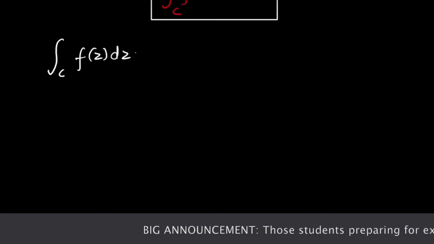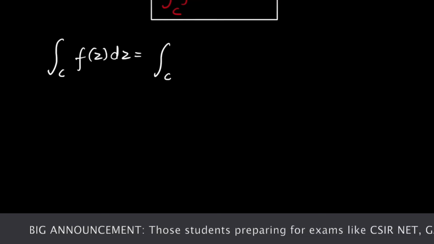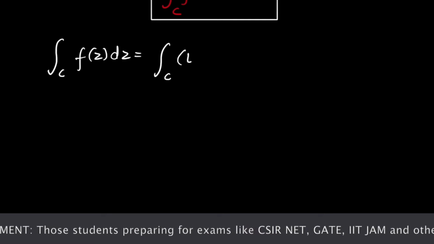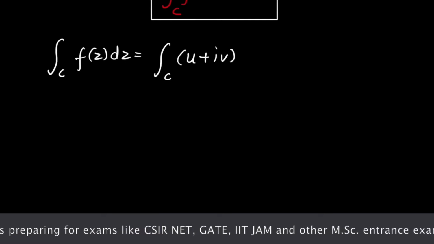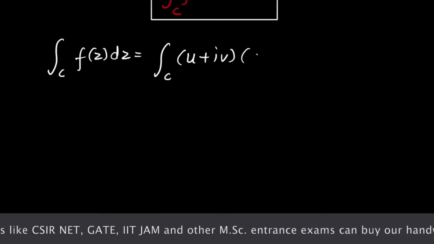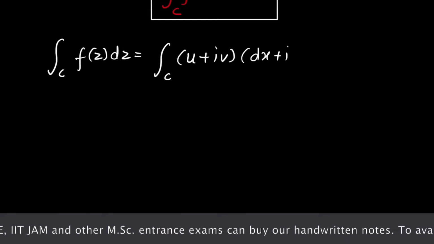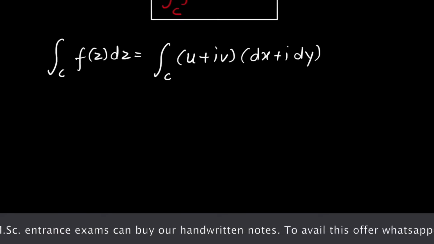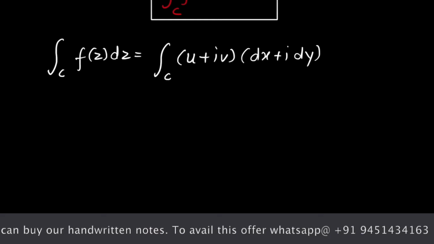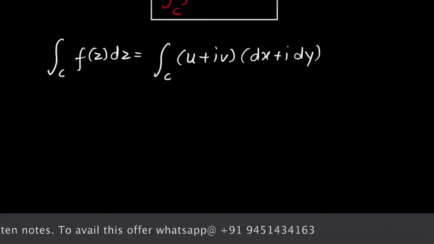So the integral of f(z) dz is the integral over C, where f(z) is u + iv and dz will be dx + i dy. Now let's separate the real and imaginary parts.